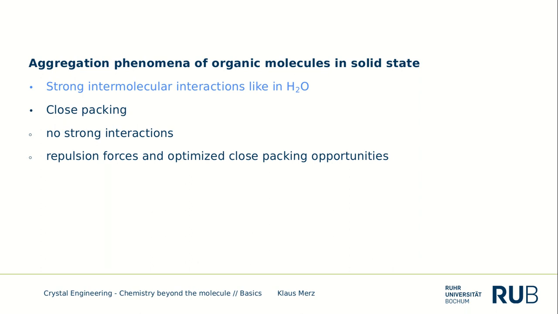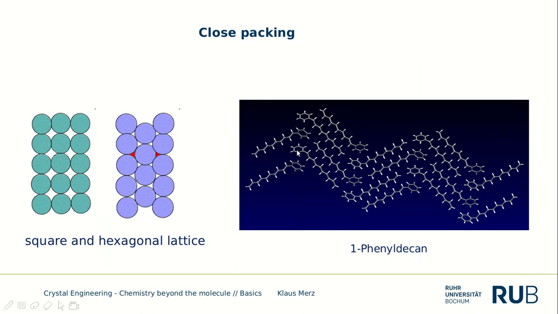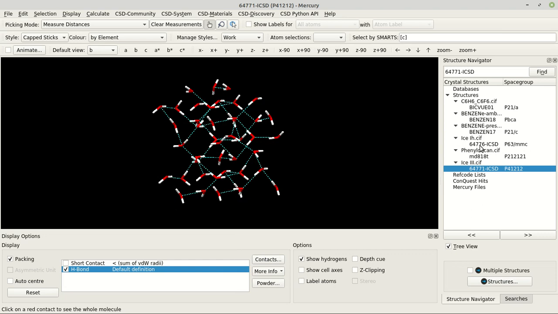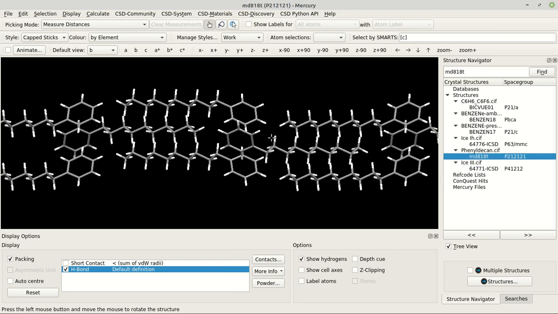You see it is not so strict to atoms, it's also molecules. There are no strong interactions, and you will find it, for example, in alkanes, or here 1-phenyldecane. Have a look. 1-phenyldecane here.